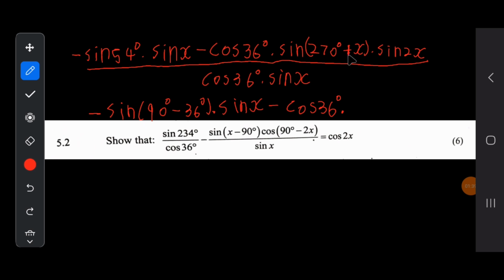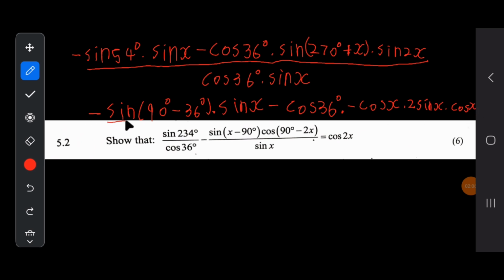If the answer comes in negative, that means your answer should be negative cos x. So you say negative cos x, multiplied by what? Now your double angle of sine can be used. We change it to 2 sine x cos x.